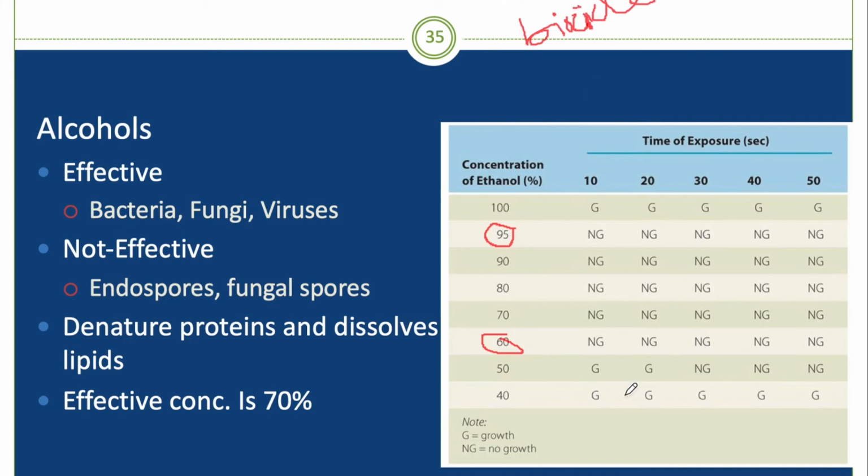So 60 to 95% of alcohol in aqueous solution is an effective biocide. But 100% alcohol is not effective in controlling microbial growth.